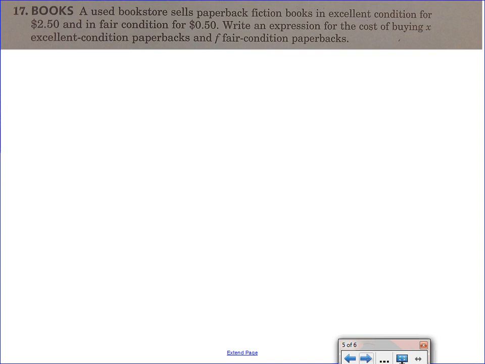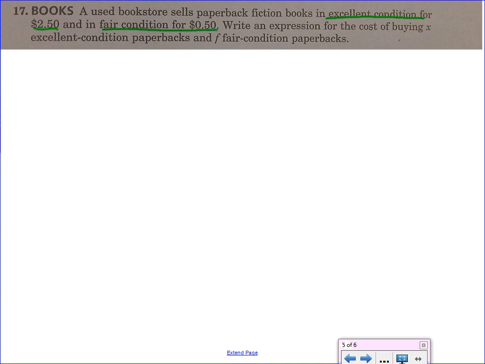Two more problems, the happy word problems. So we have a used bookstore sells paperback fiction books in excellent condition for $2.50, and in fair condition, for 50 cents each.